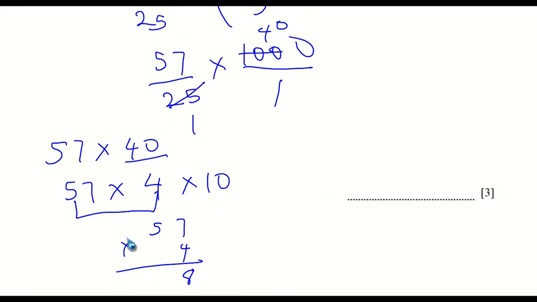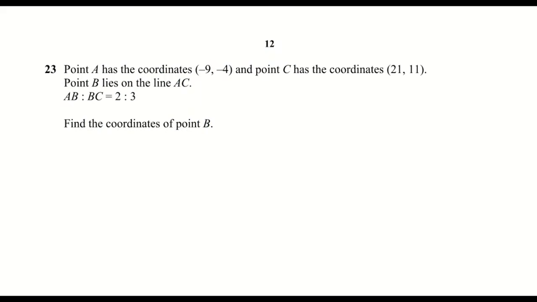You write 8, you keep 2. 4 times 5, 20, plus 2, 22. So 228 multiplied by 10 gives us 2280. 2280.